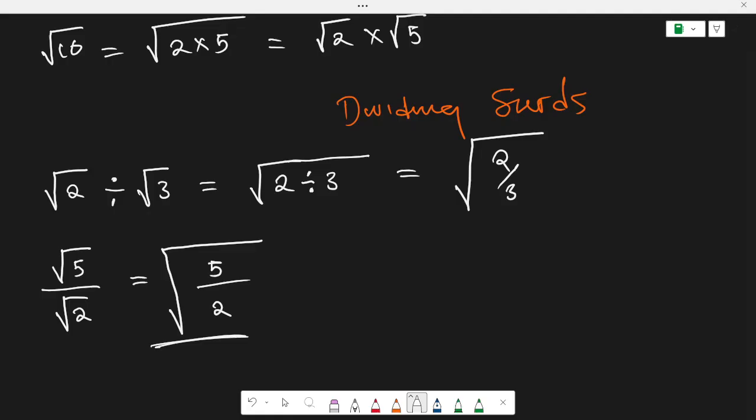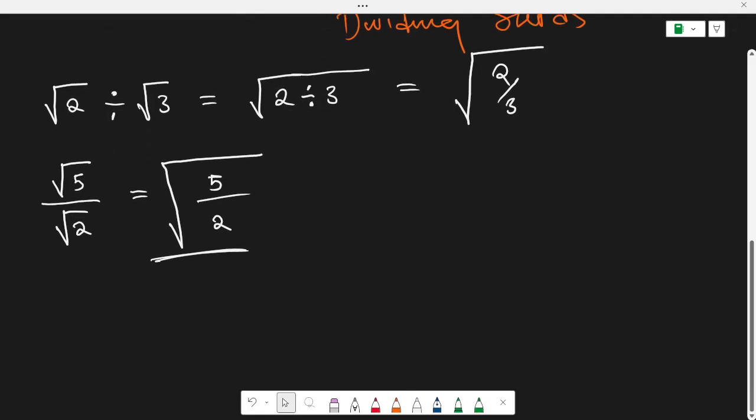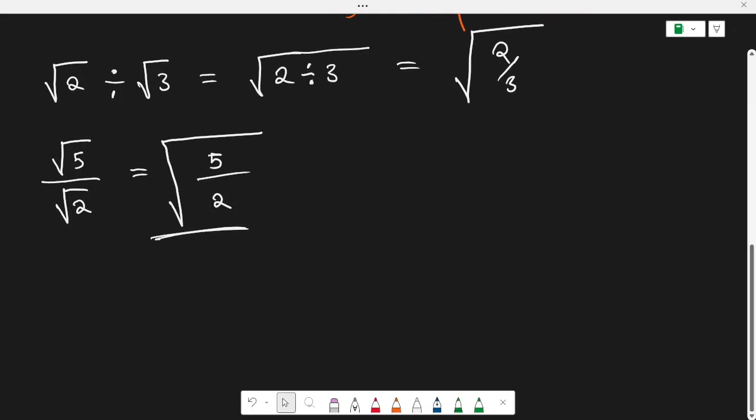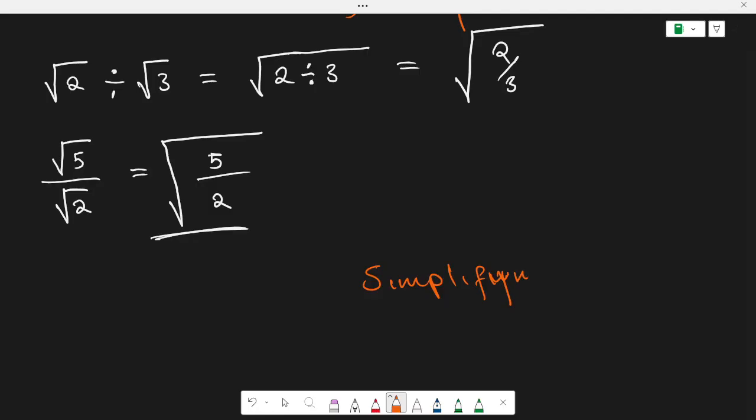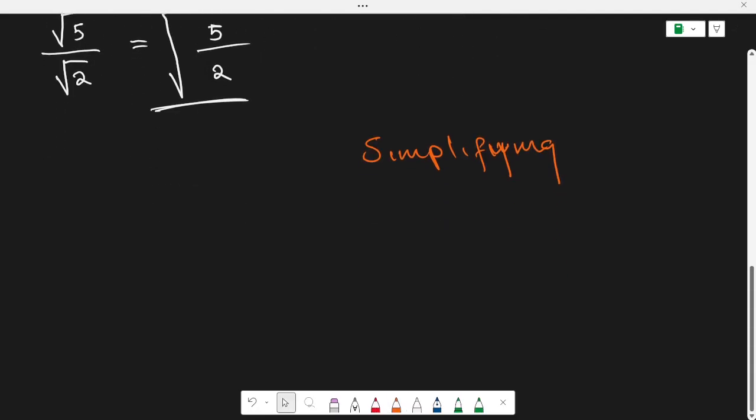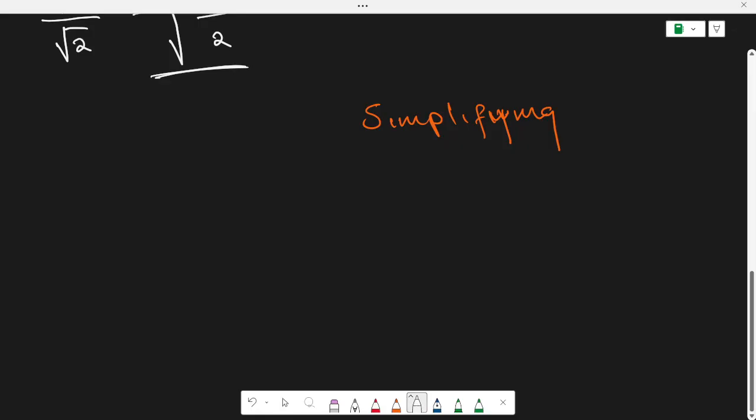Right. Once you know how to divide surds, the next thing that you need to know is how to simplify them. Say you have, for example, root 40. We need to simplify root 40 into something that is easier to handle.